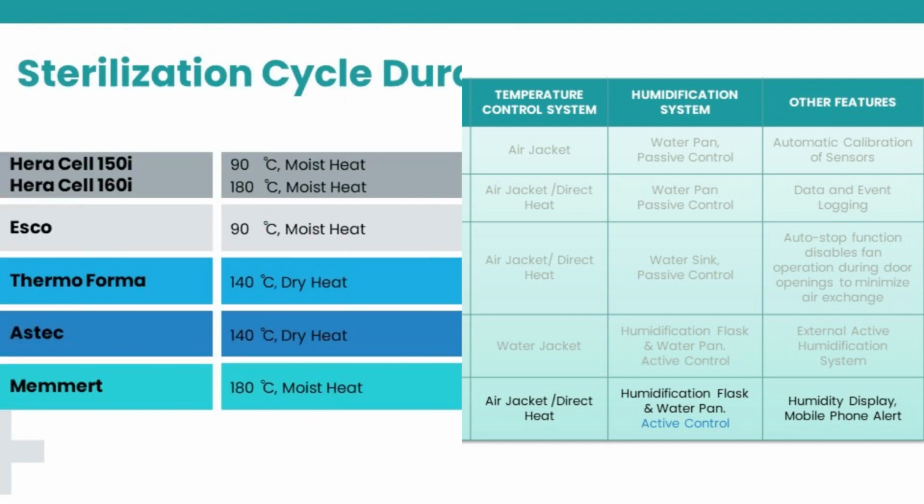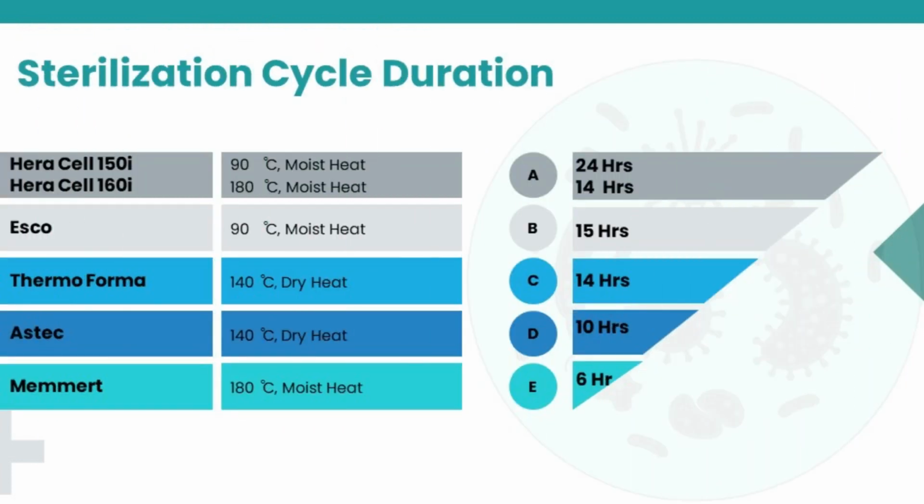Another differentiating factor for a box incubator is the sterilization cycle duration as well as the temperature at which the sterilization is done. A higher temperature ensures better sterilization, and of course for embryologists a shorter duration is preferable because it means that you have less downtime.